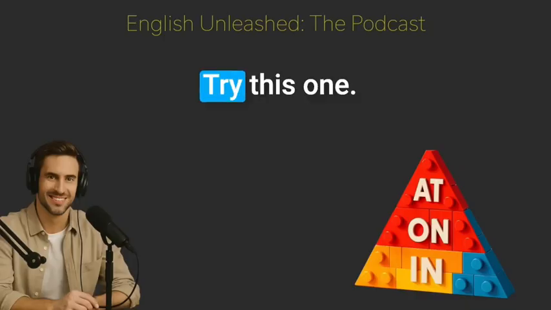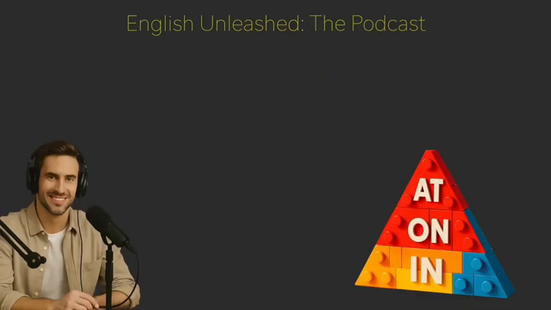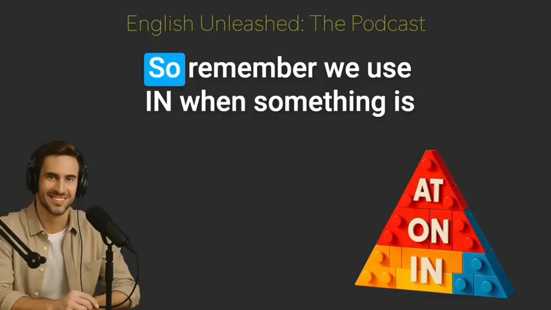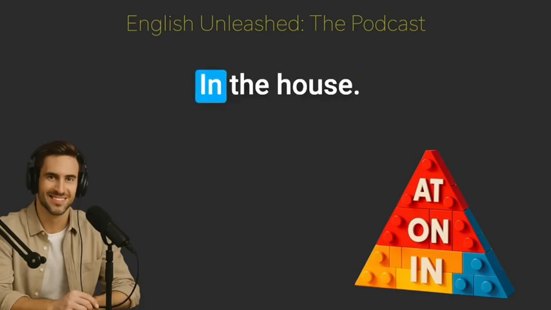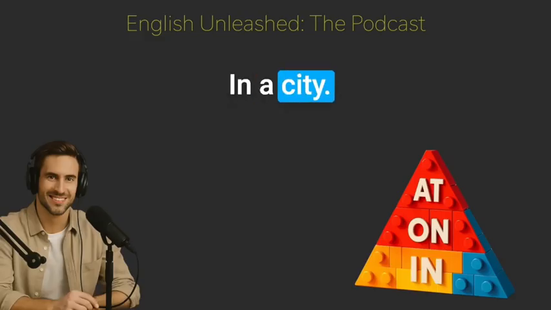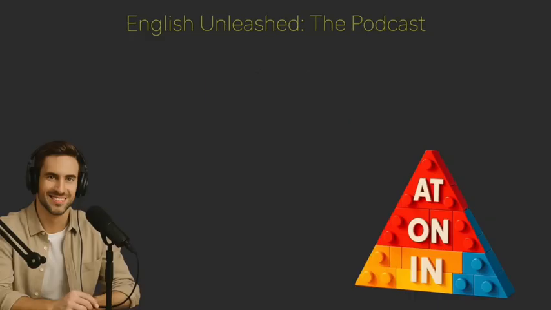Great. Try this one. There is water in the glass. Good. So remember, we use in when something is inside or in a large space. In the house, in a city, in the classroom, in the box, in London, in New York.